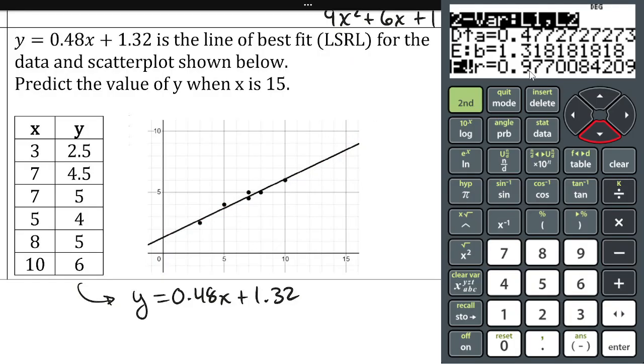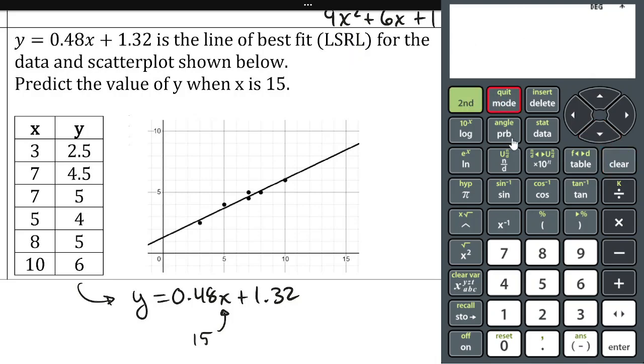And this question says, predict the value of y when x is 15. So when x is the number 15, what's the value of y that's predicted? Well, we can see it happens right there, and we can get a decent estimate just by looking at the graph. But we can get a much more accurate value by plugging in the number 15 for x. So I'll hit clear on this calculator.